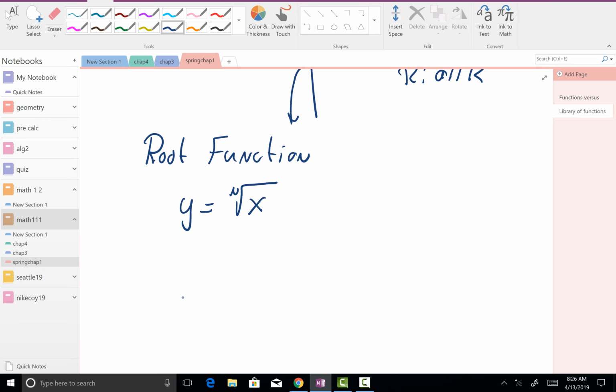So there's a square root, even n. There's a cube root, fourth root, fifth root, sixth root. Again, the evens and the odds are looking different. All right? So what's the difference between our evens and our odd roots?